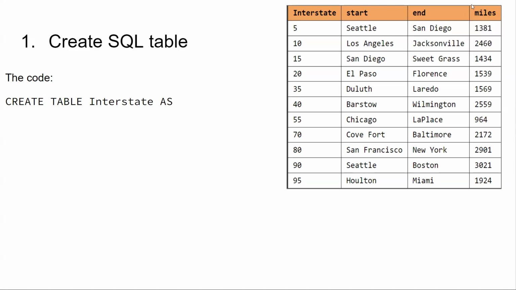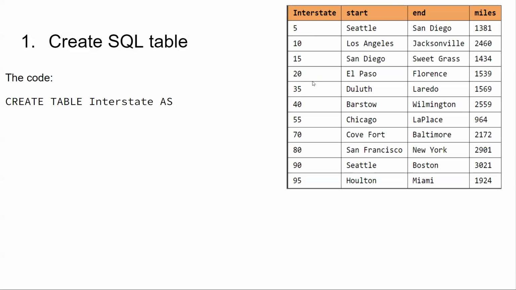Here we have interstate, start, end, and miles. For the first piece of data, we have 5, Seattle, San Diego, and 1381 miles.